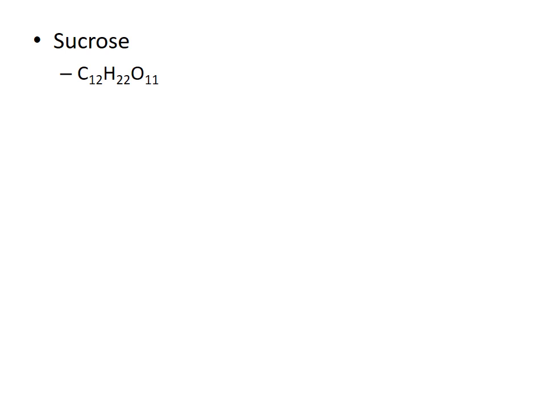On this last example, we have a compound called sucrose. Sucrose is 3 elements. It's carbon, hydrogen, oxygen, and it's in the proportion of C12, H22, O11. This is common table sugar. Okay, so again, follow the same procedure. List the elements that you see in the compound.